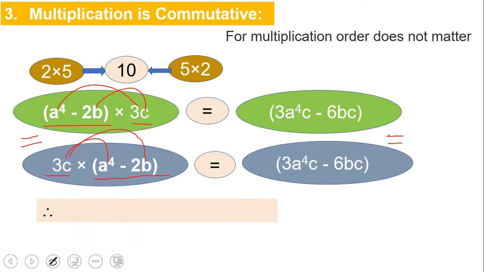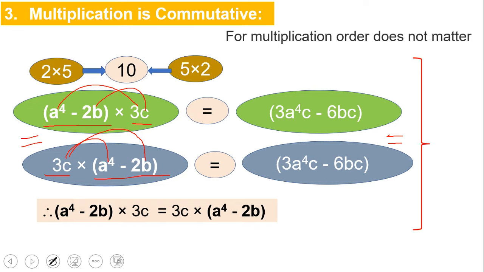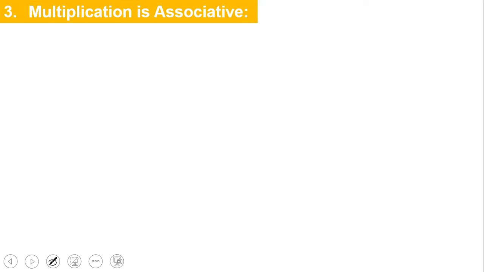And so we can write (a to the power 4 minus 2b) into 3c is equal to 3c into (a to the power 4 minus 2b). Is that clear? And hence we can put the rule here. What is the rule here? x into y is equal to y into x. Is that clear? So this is multiplication is commutative.